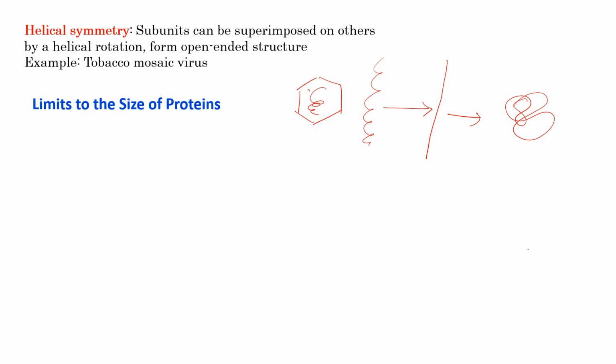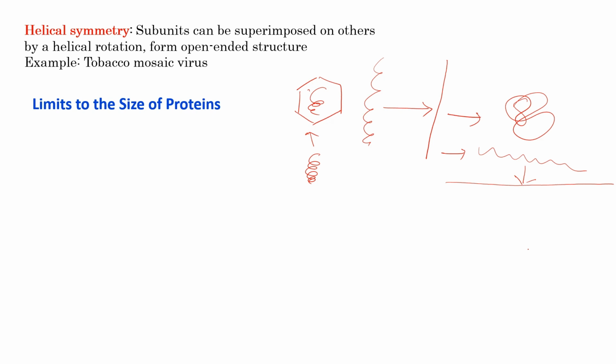So if we want to increase the size of the protein by increasing the length of the polypeptide chain, and as we know the amino acid sequence in a polypeptide chain is because of the nucleic acid sequence, then if the universe wants a long polypeptide, that much long nucleic acid will also be needed to code for those amino acids. Correct. So it will be very difficult for the virus to fit that much large nucleic acid in its head. It is easy for the virus to encapsulate a small size of nucleic acid.